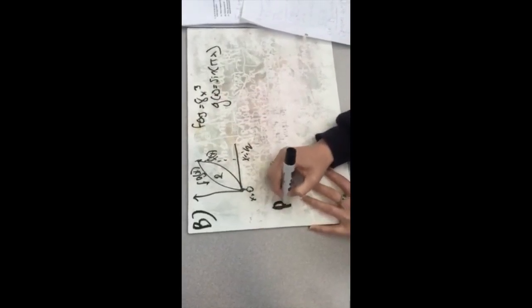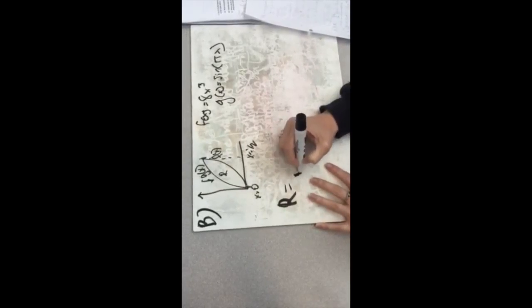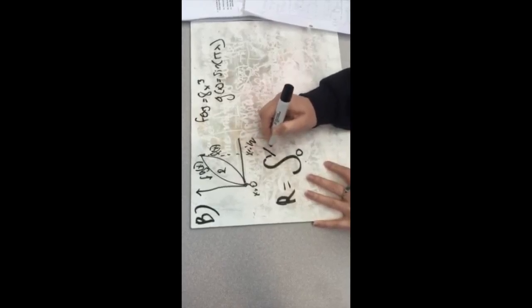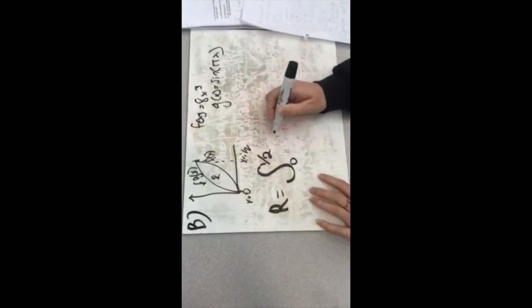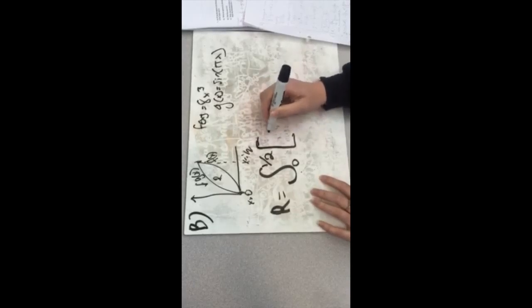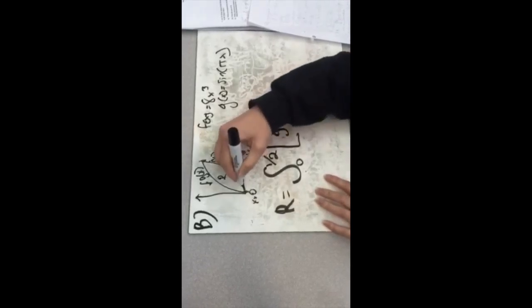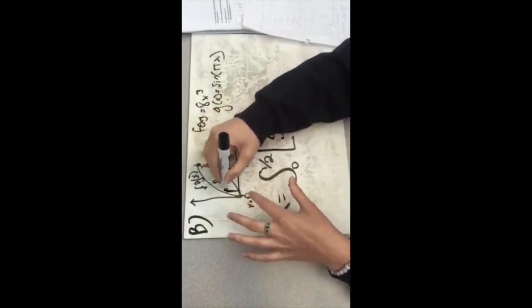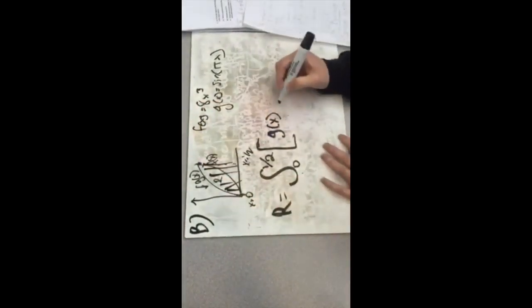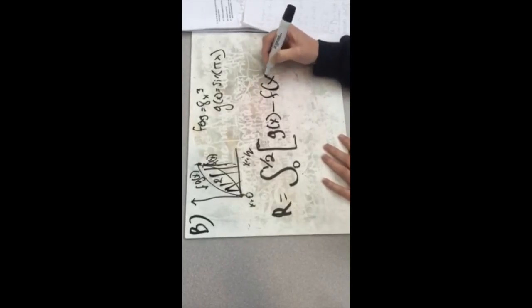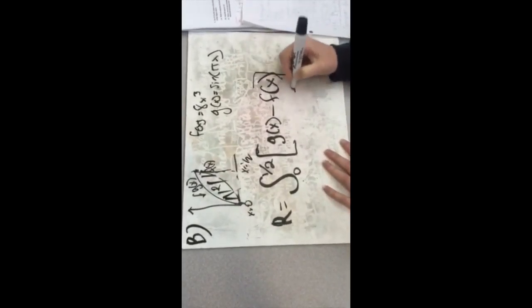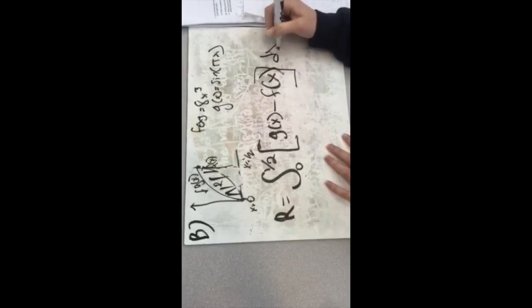So we will write R equals the integral from 0 to 1/2, which are the x values, and then we write big brackets g of x, which is this top function here, from here all the way down, minus f of x, which is the bottom function, so minus this part right here, and that is going to give us the entire area right here.